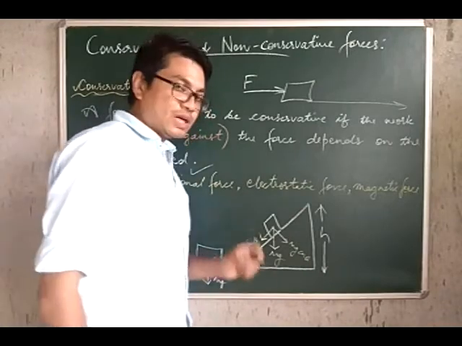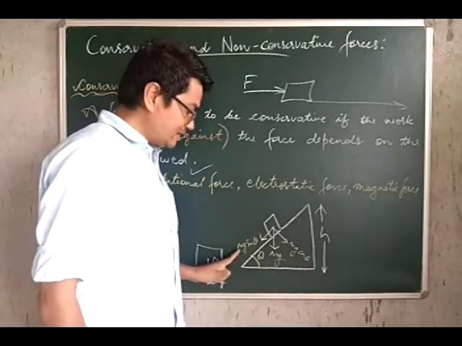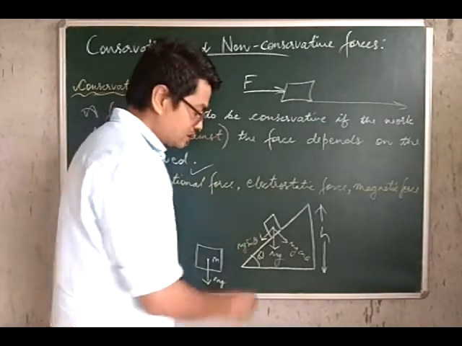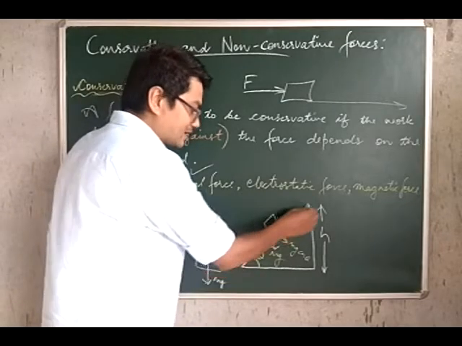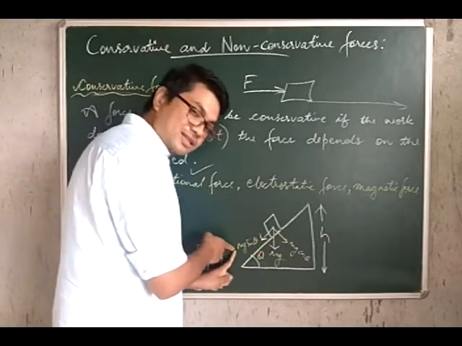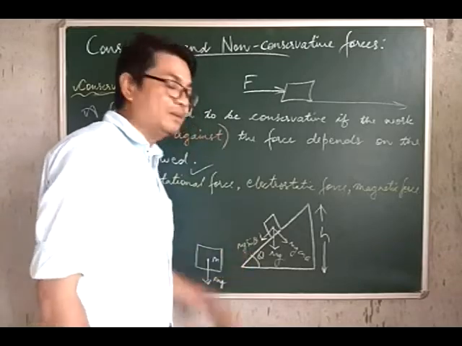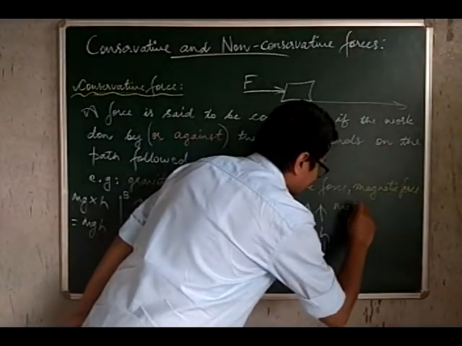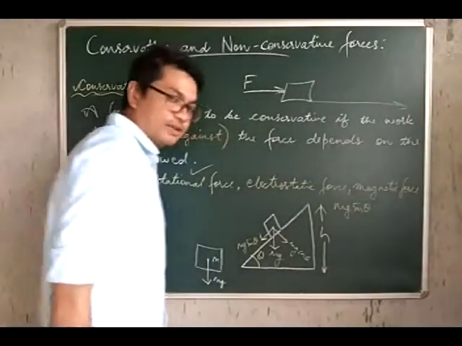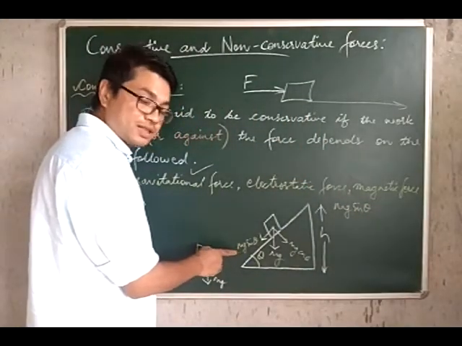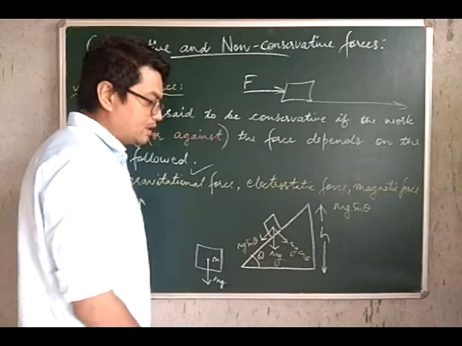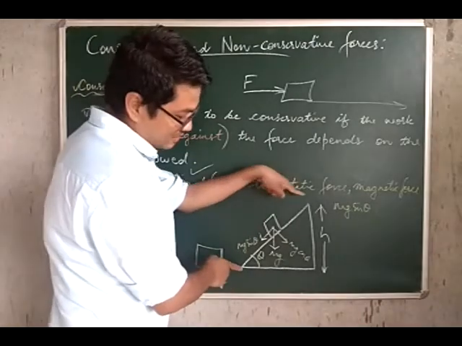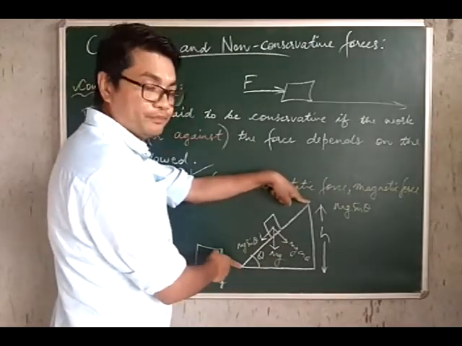Now, which component are we interested in here? We are interested in mg sine theta, because to take the body up the incline, we have to do work against this component of weight. So the force acting in this case is mg sine theta, and we need to do work against this force. And what is the displacement? The displacement is this much.